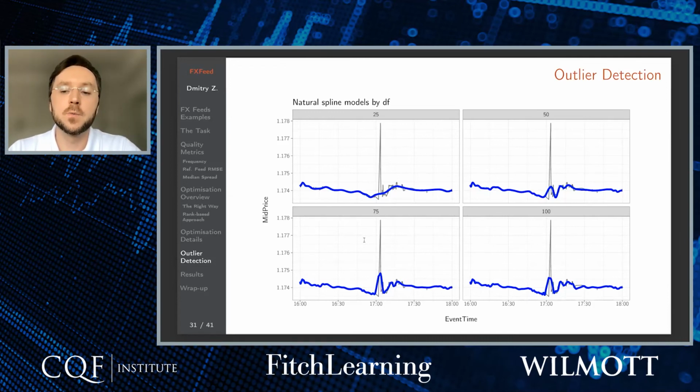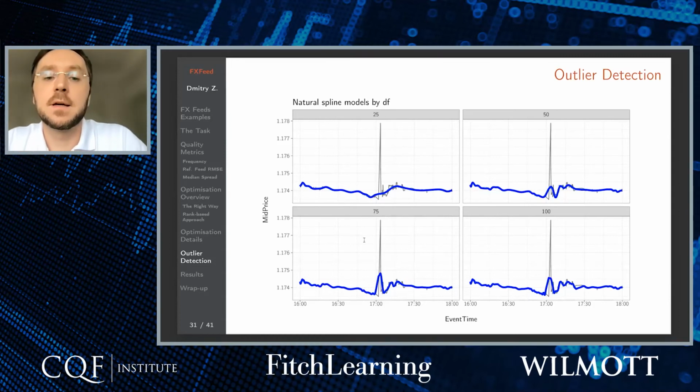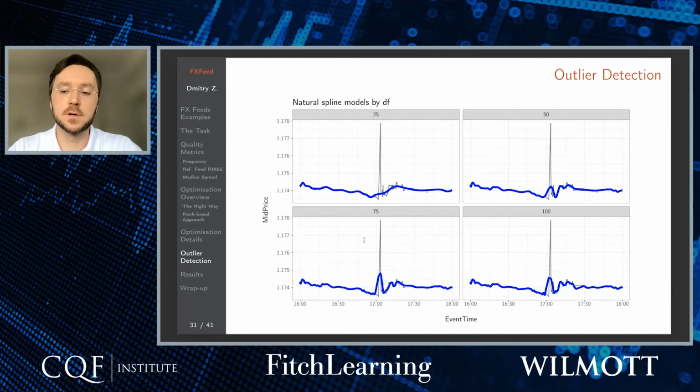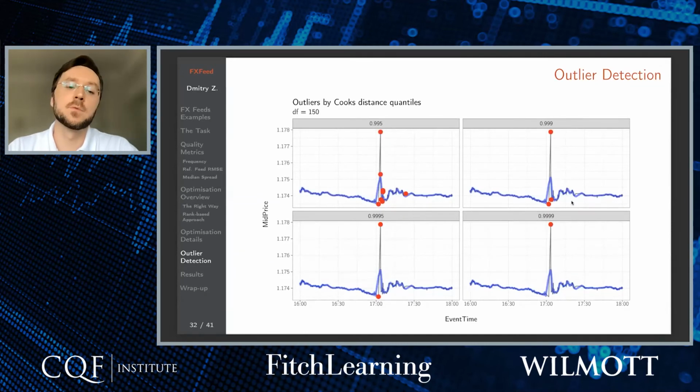One we used was a semi-automatic technique of first fitting a natural supply model to the time series. And depending on the degrees of freedom of the model, you get different fits. And then as the second step, we computed what's known as the Cook's distance for every data point.